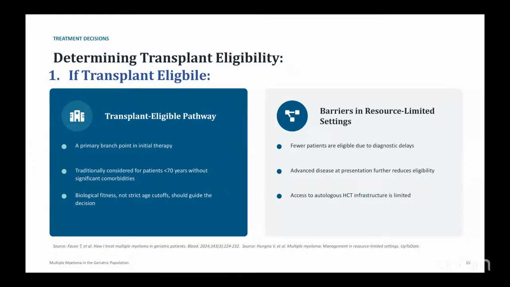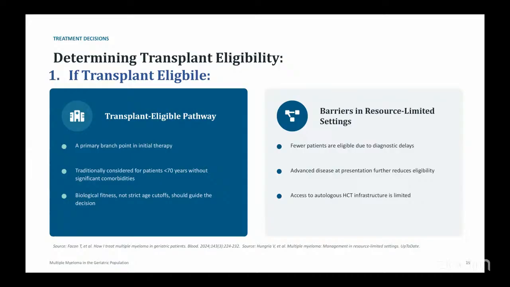Starting with transplant eligible patients, we should note that historically, autologous transplantation was often considered primarily according to clinical age, with many centers using an age around 70 to around 77 as a general threshold. However, it has been debated that age alone is not an adequate measure of transplant fitness.